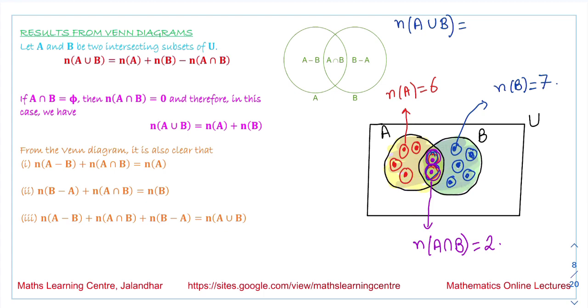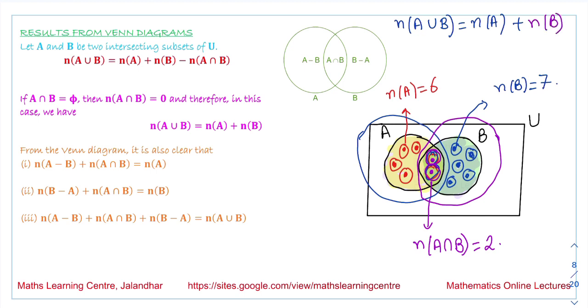So it is the number of elements in A, all the elements in this region, plus the number of elements in B. Now if we add these two values, this intersection portion is counted twice. It is counted in A also, and in B also. So we have to subtract the value n of A intersection B.